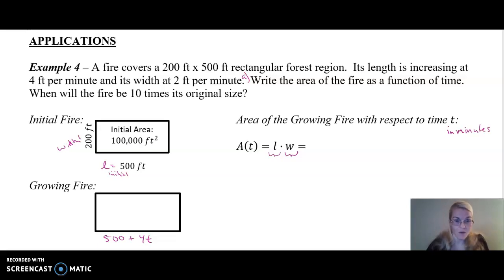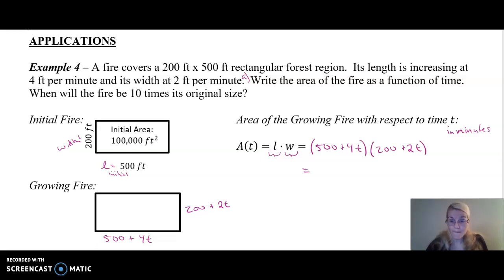And so then my width is originally 200 feet plus now an additional 2 feet per minute, so 2t. So what's the area of the growing fire with respect to time? Well, it's just going to be 500 plus 4t times 200 plus 2t.